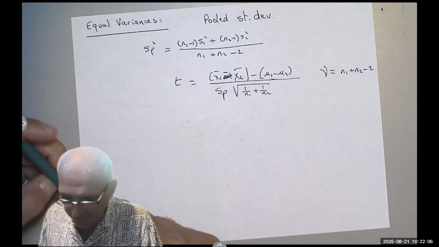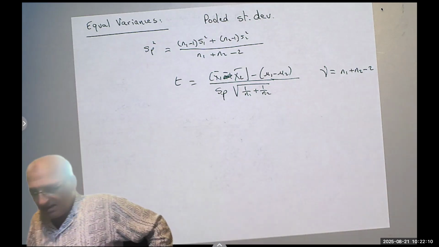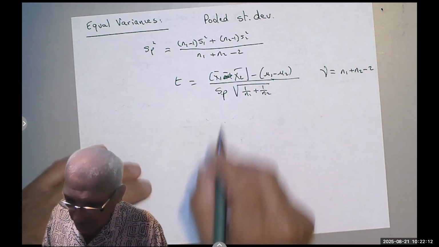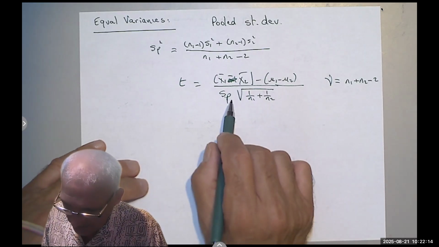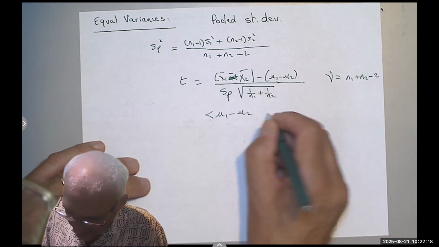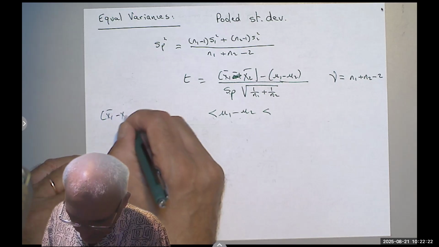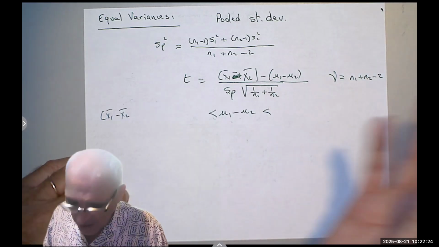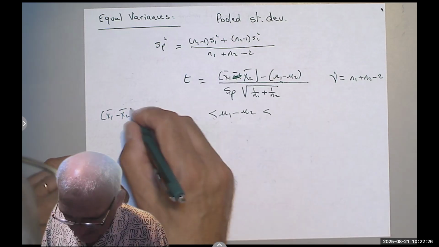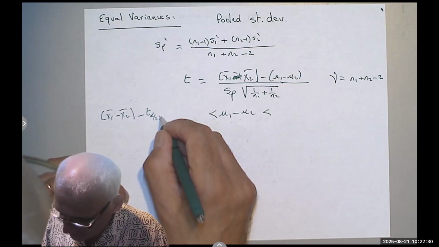If you want to find the confidence interval again, you would say mu1 minus mu2 is greater than x1 bar minus x2 bar. Some people call them x and y, so x bar minus y bar, it doesn't matter, minus t alpha over 2 and degrees of freedom.